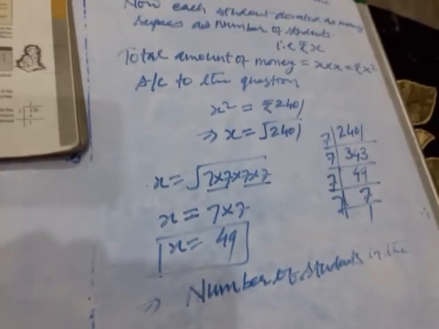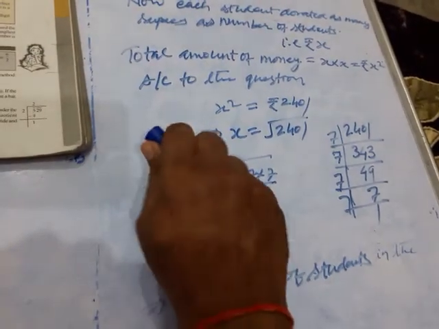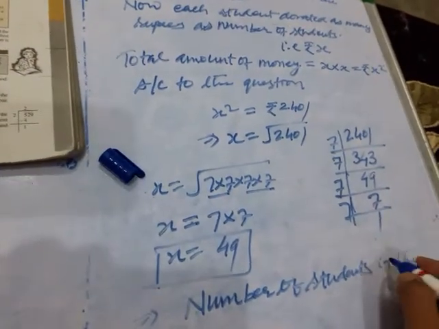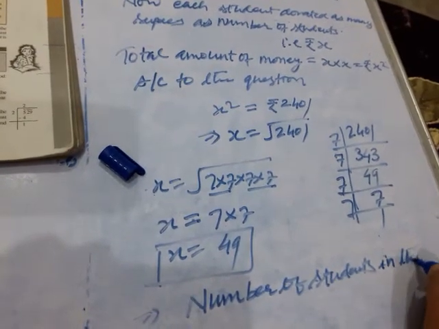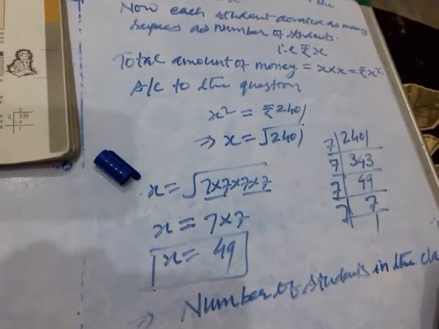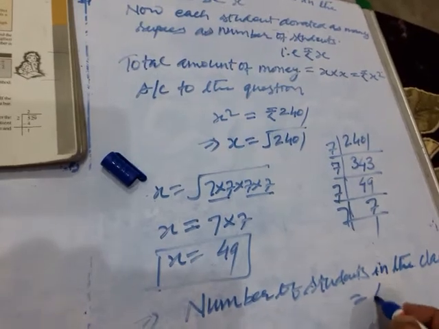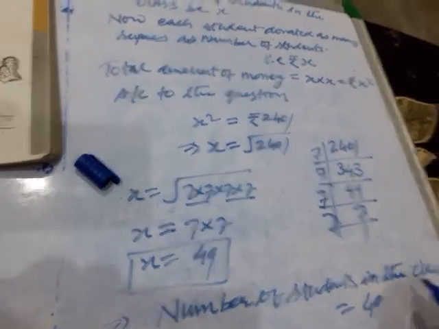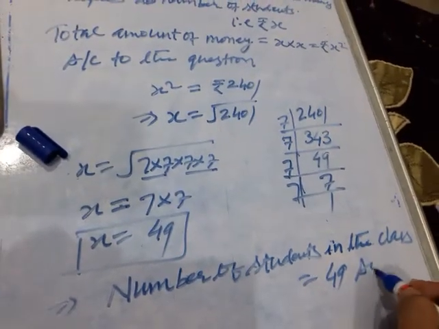That is 49. The number of students in the class equals 49. Okay children, this is your answer.